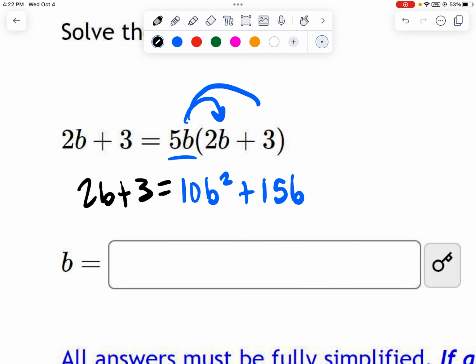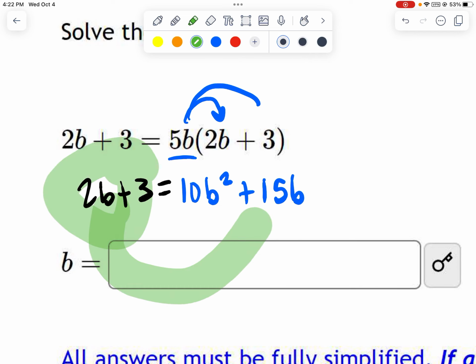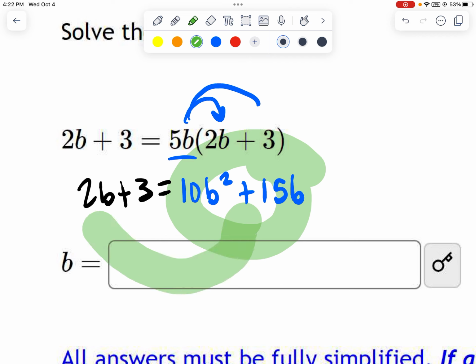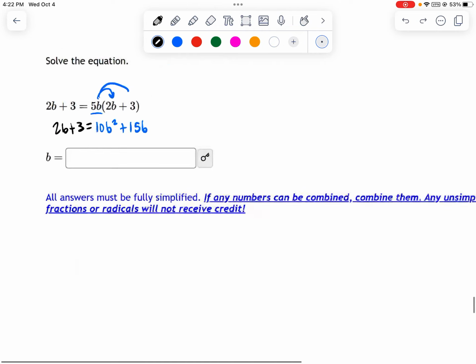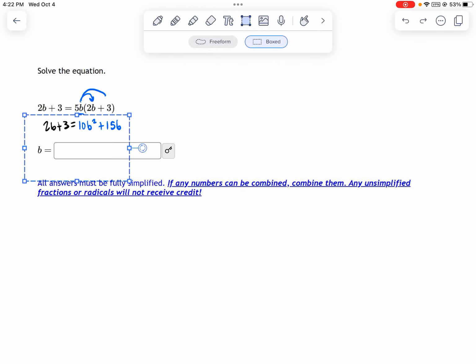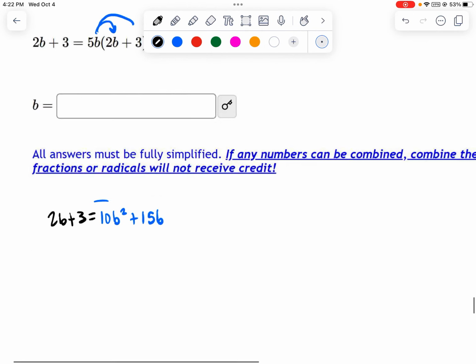Now you have the option. You can either move this stuff to this side, or you can move this stuff to that side. Personally, I like having my squared term positive, so I'm going to move this stuff over to the right side. Again, it does not matter. I'm going to bring this below so we have a little more room to work with.